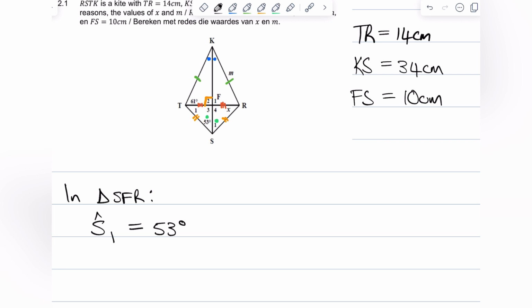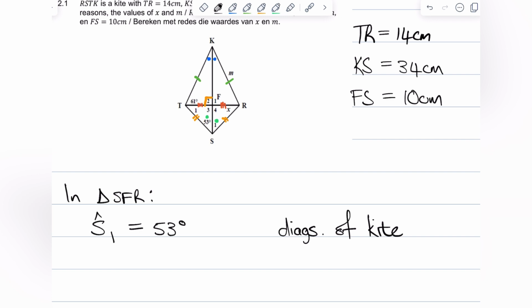But I don't want to write all of that stuff. I might not even remember it word for word. But I know that the reason this angle here is split in half is because of the diagonals of this kite. And therefore, I can shorten my reason to diags of kite.